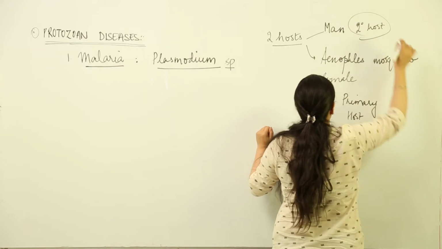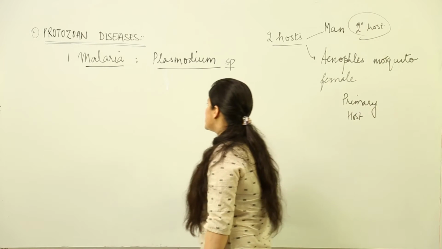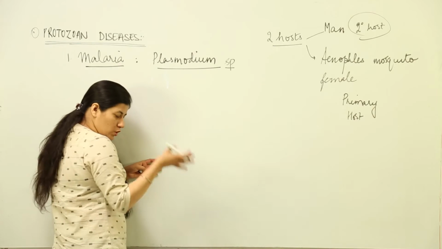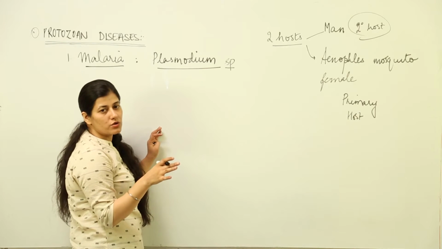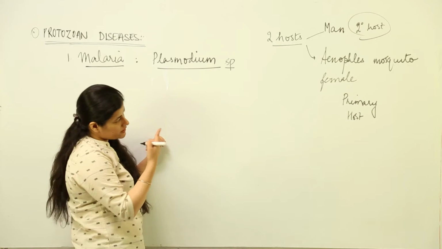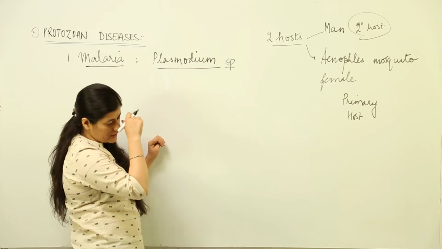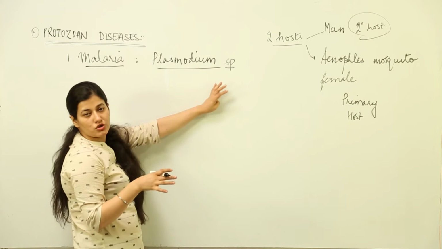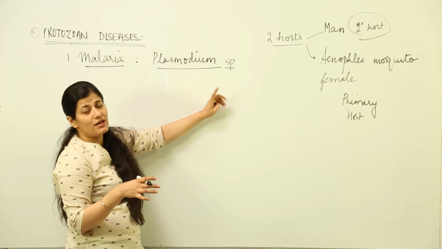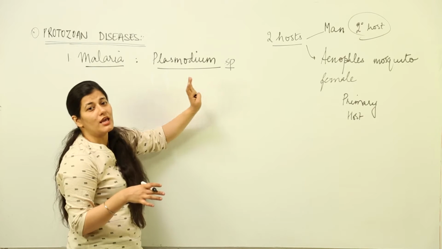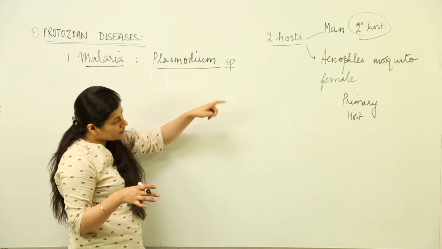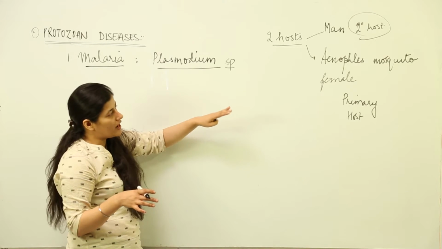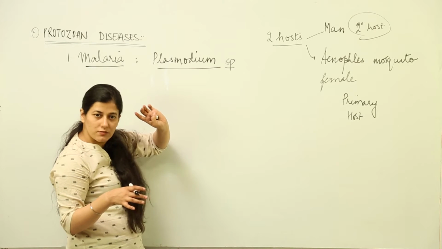Now, in terms of a parasite which has multiple hosts, you must remember that the host in which the parasite undergoes sexual reproduction is the primary host, while the host inside whose body asexual reproduction happens is the secondary host. So, inside man, this Plasmodium carries out asexual reproduction and it completes its sexual reproduction in the primary host, that is the Anopheles mosquito.